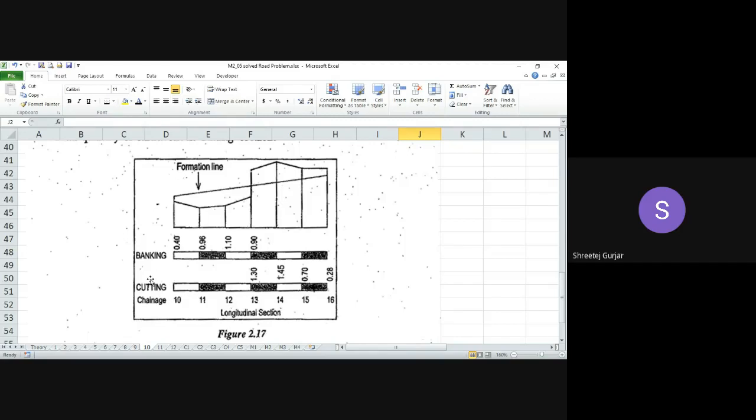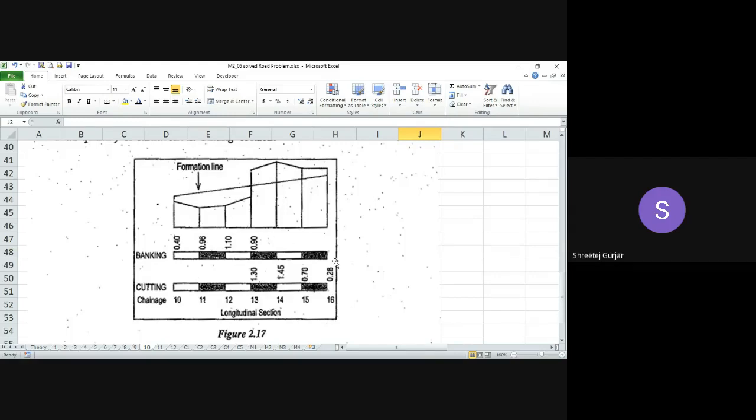Then mention cutting. Then you have to draw this cutting. There is no cutting over here. Cutting is over here. So first will be banking, so the depth is 0.4. How do you get this depth? You will get the depth after calculation.